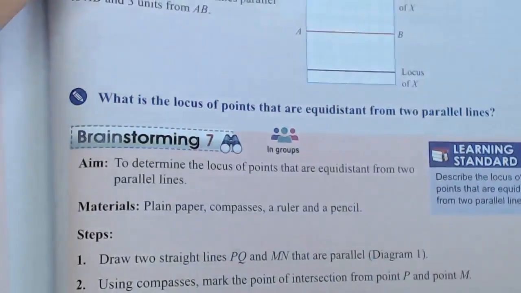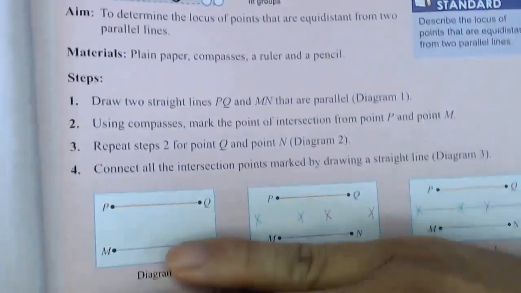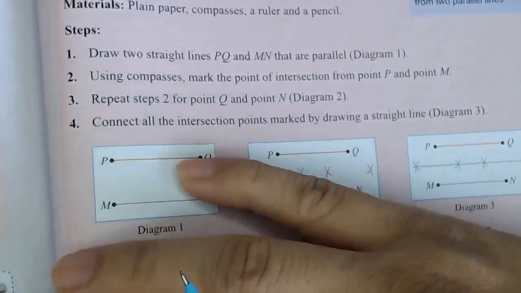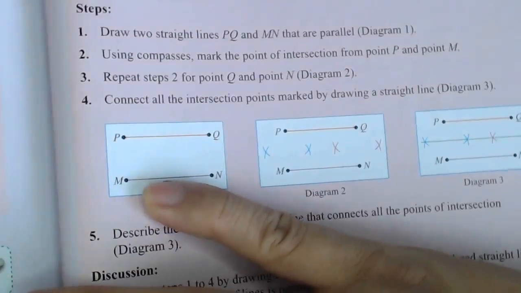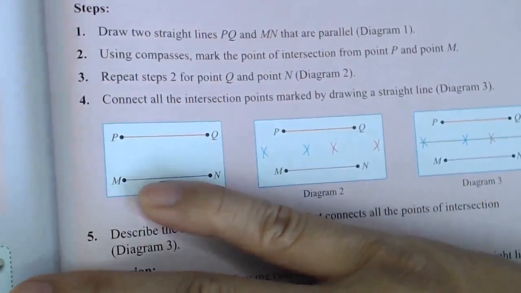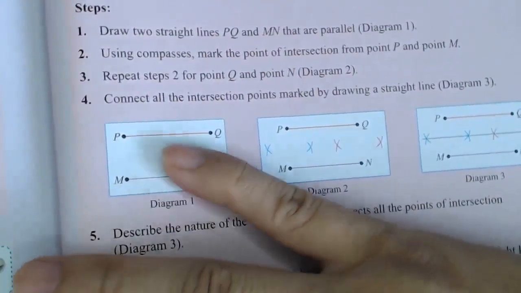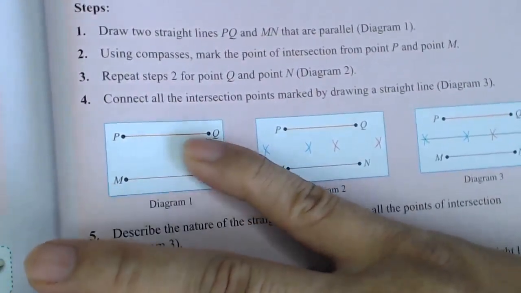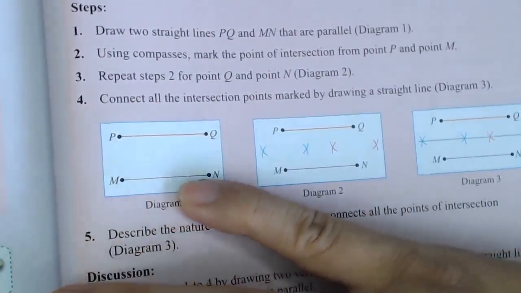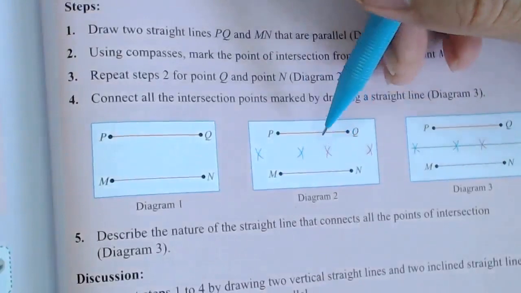Oh wow, this time instead of giving only 1 line as we did before, they give us 2 lines, 2 fixed lines. So we have line PQ and we have line MN here.